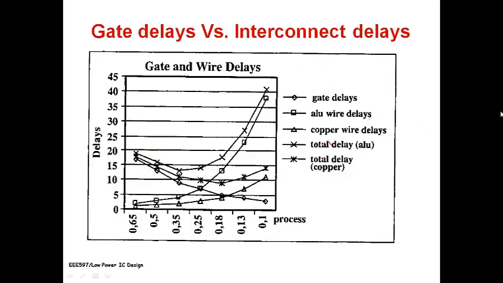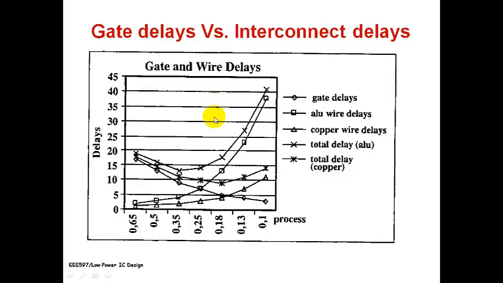All these have led to this particular graph, which is the product of one particular research they accomplished. Then the use of aluminium wire and the use of copper wire, and using them individually, how the total delay of aluminium and copper are there.